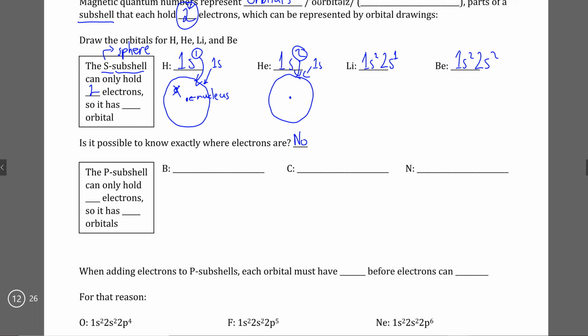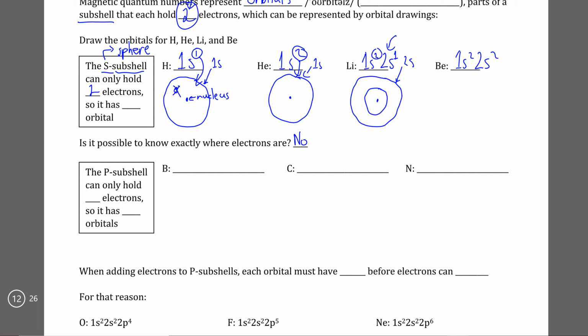Now, we know that an S subshell can only hold 2 electrons, so when we get to lithium and beryllium, we start by drawing the nucleus, then here is our 1s subshell, but lithium needs a second S subshell at a higher energy level, which means that this second sphere, in quotes, that I'm drawing is the 2s subshell.